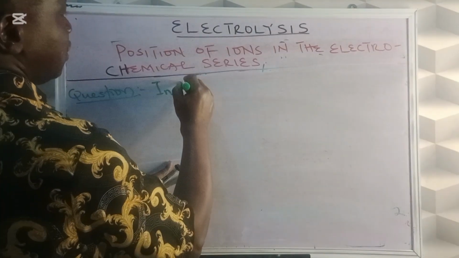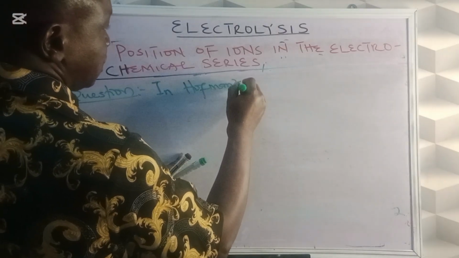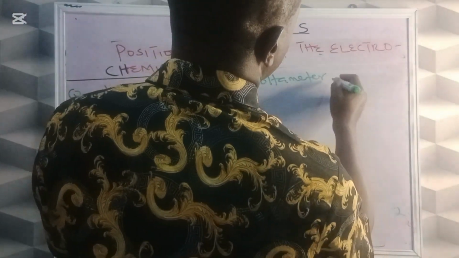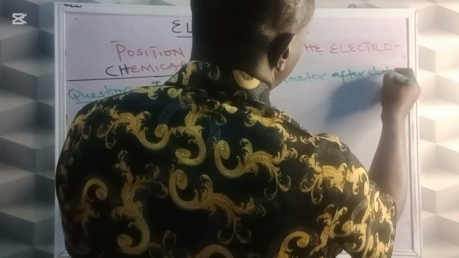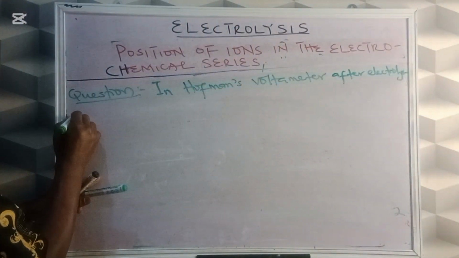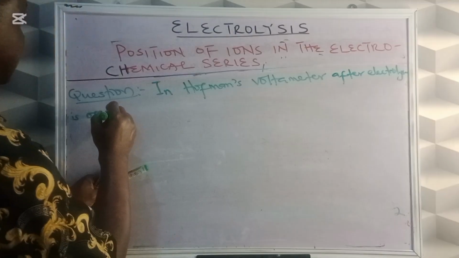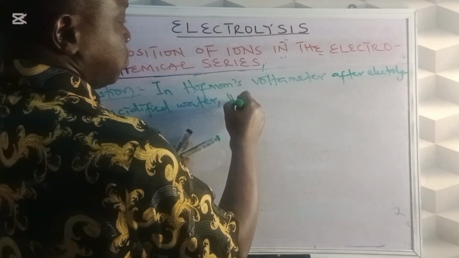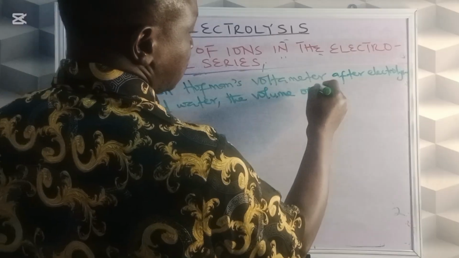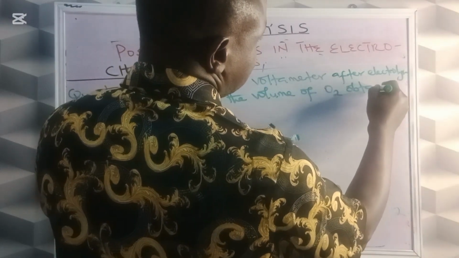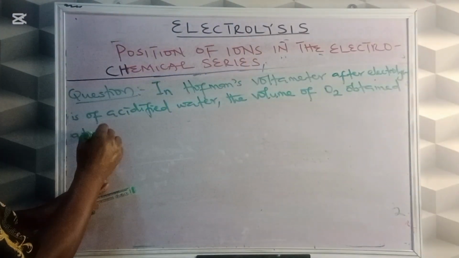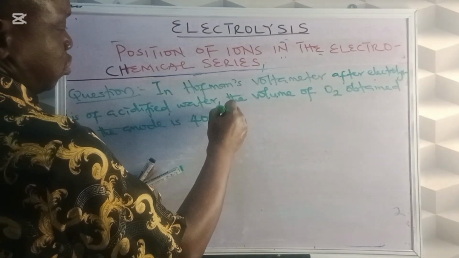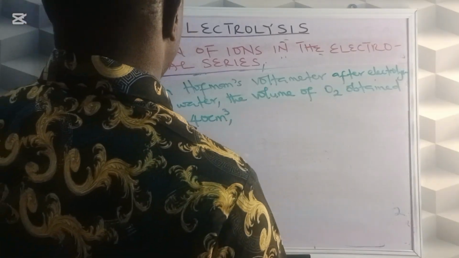Let's see a question. In Hoffman's voltameter, after electrolysis of acidified water, the volume of oxygen obtained at the platinum anode is 40 cm3.